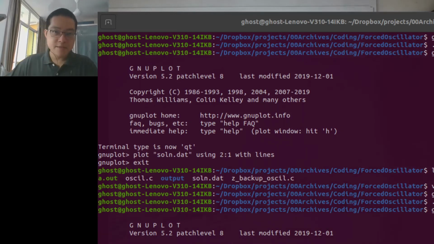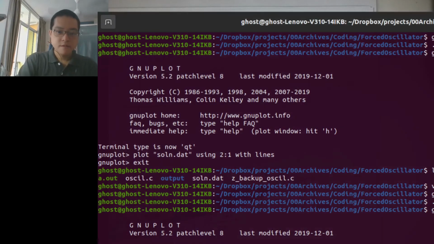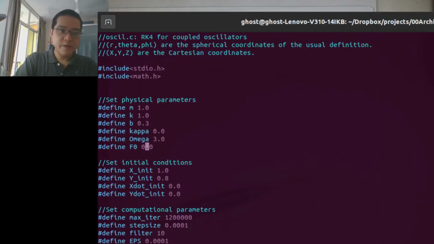If b equals 3, it's going to be much larger. Too many windows, I'm confusing myself. So let's put b equals to 3 and see what happens.